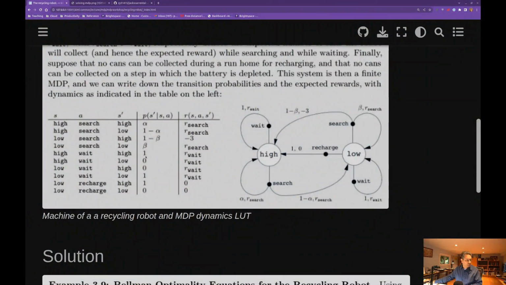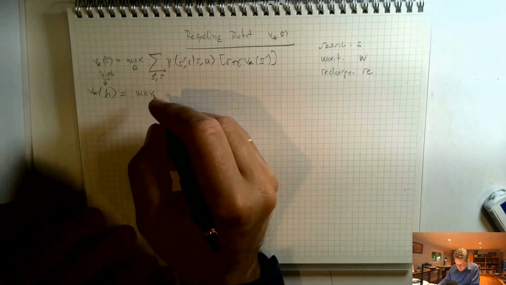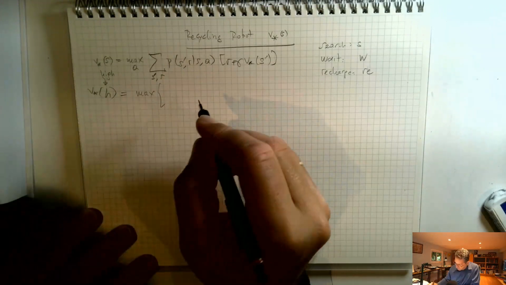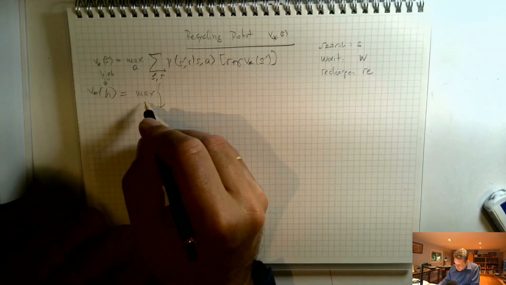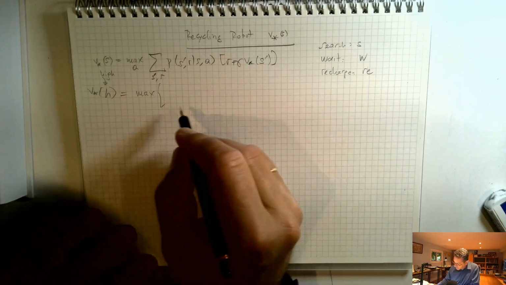The lookup table was giving us from S via an action to S prime. So it is really this lookup table that we have to start plugging into these equations. Okay, so it is max of what now? The first is across two actions. So I'm expecting to see a list over here.